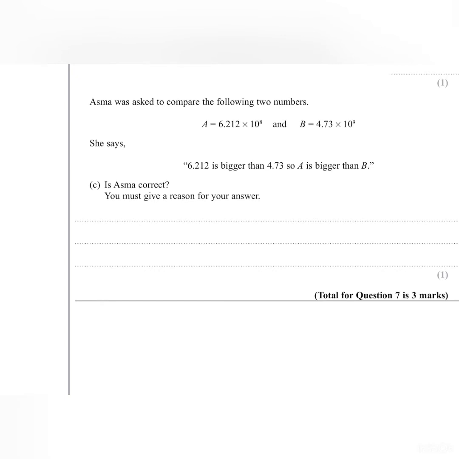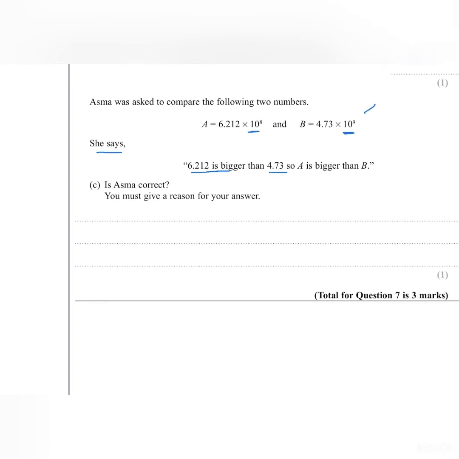Then it says Asma was asked to compare the following two numbers. A equals 6.212 times 10 to the power of 8, and B equals 4.73 times 10 to the power of 9. She says that 6.212 is bigger than 4.73, so A is bigger than B. Now, is Asma correct? Asma is not correct because she has not taken into account the powers of 10.